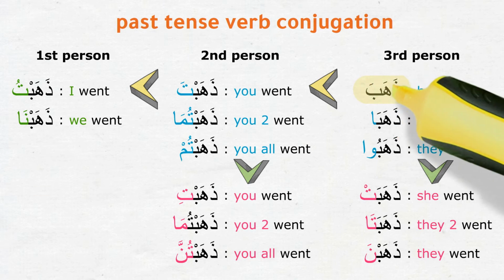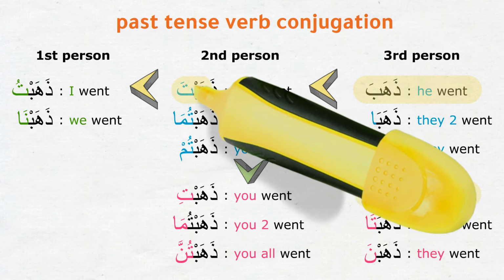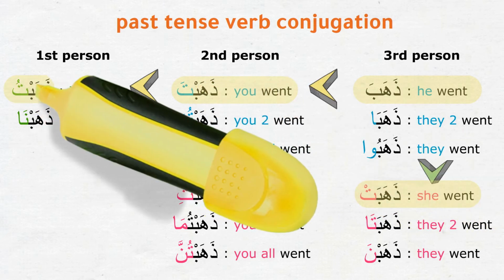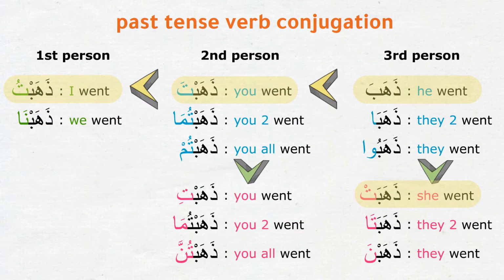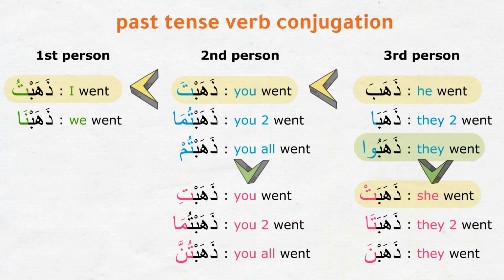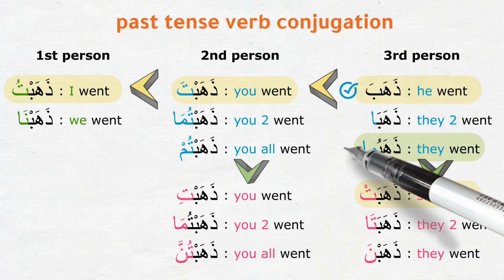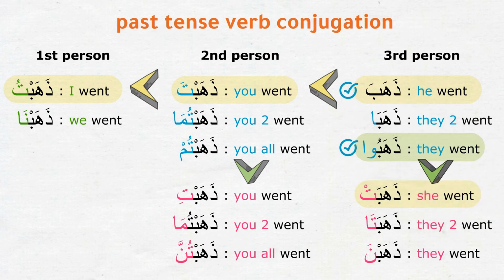They are ذهب, he went, ذهبت, she went, ذهبت, you went, and ذهبت, I went. And from today we will start using ذهبوا, they went. So ذهب is he went for مذكر مفرد, and ذهبوا is they went for جمع المذكر.